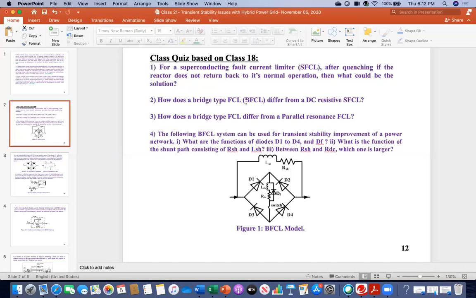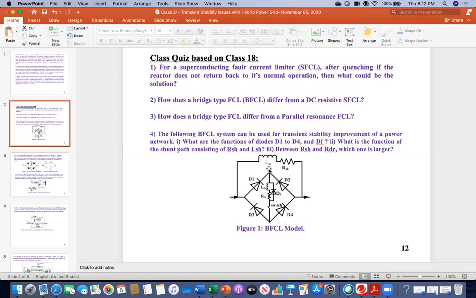So therefore, for the point you mentioned, as a second point you have to mention that DC resistive still requires superconductivity, whereas BFCL does not need that superconductivity. And that's why there is the shunt path. For example, we can see this figure, the BFCL model. During normal conditions, the shunt path does not work and current flows through this one.